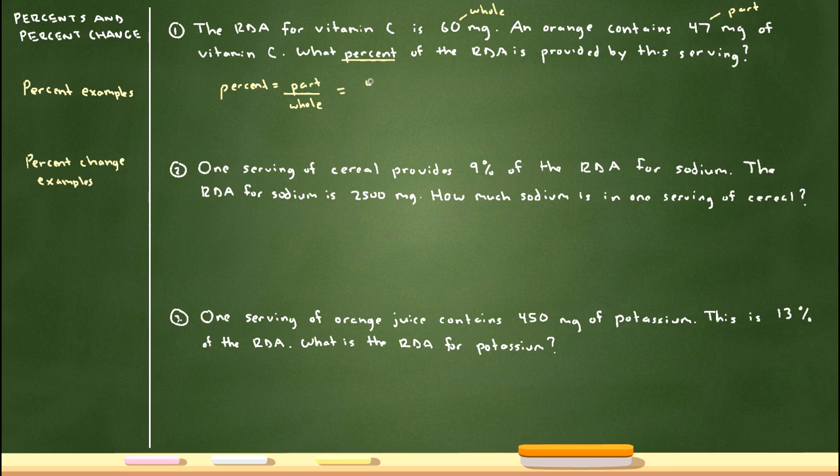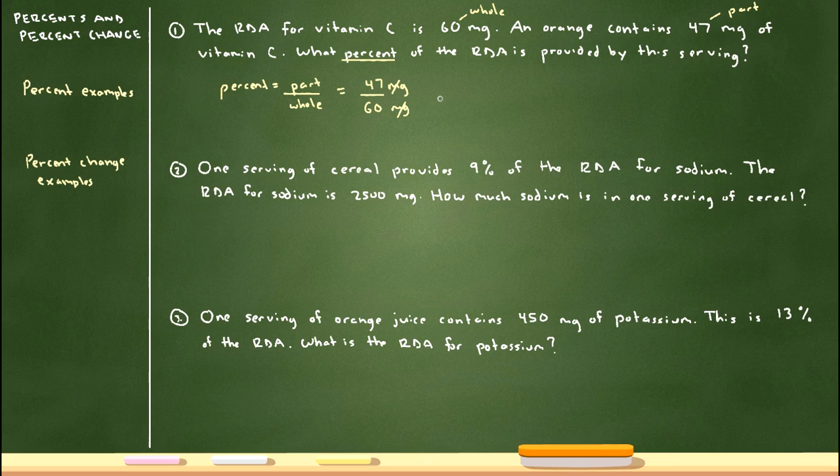So the part would be 47 milligrams divided by 60 milligrams. If you leave the units on here like this, we'll see that the units do in fact cancel. With percentages, there's not going to be any units on there. There shouldn't be. So the milligrams cancel, and we get 47 divided by 60.